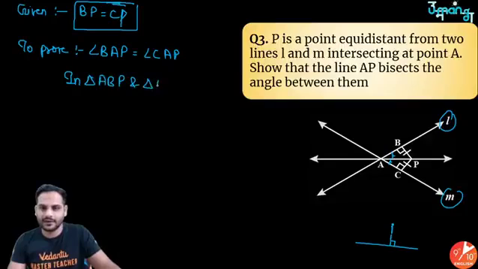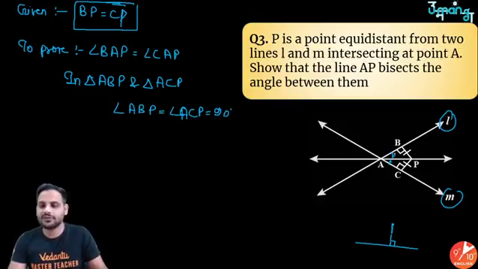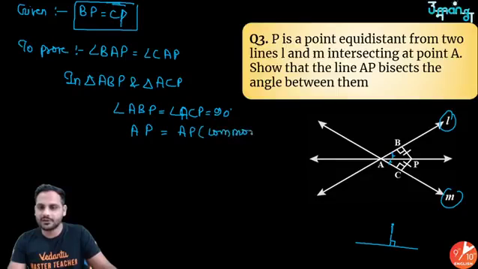and triangle ACP, by first thing, angle ABP is equal to angle ACP, which is equal to 90 degree. Now both the triangle, the side opposite to the right angle is your hypotenuse, and both have a common hypotenuse AP. So AP is equal to AP because it is the common side.